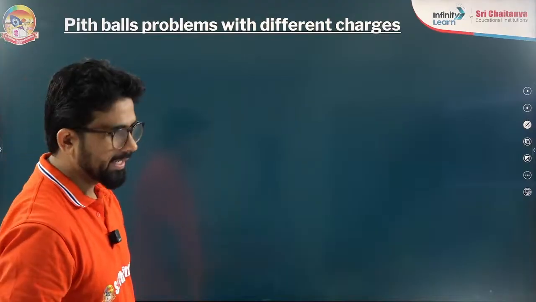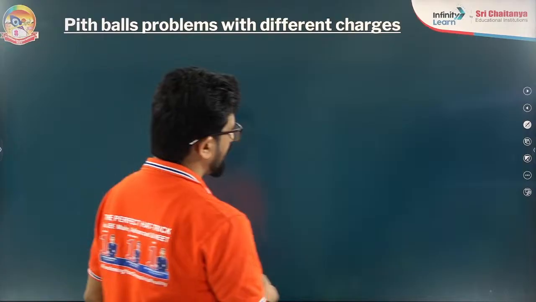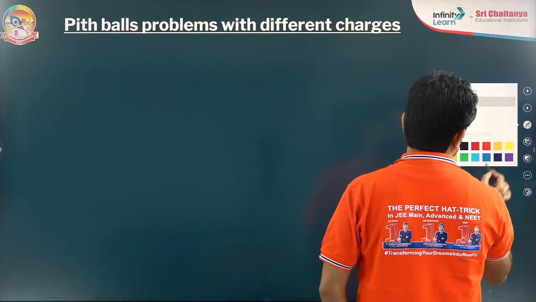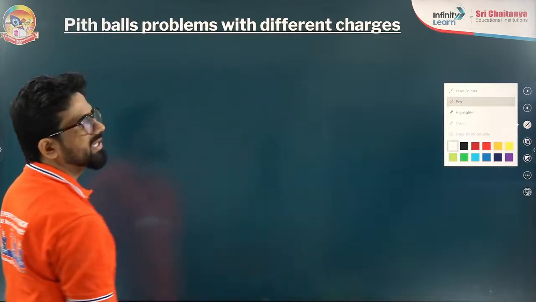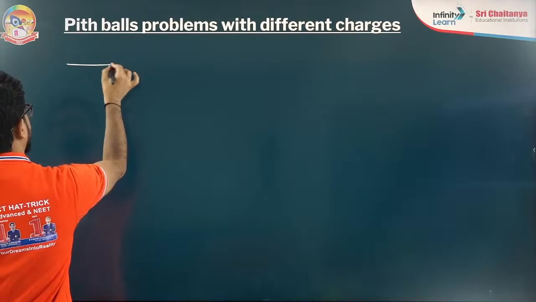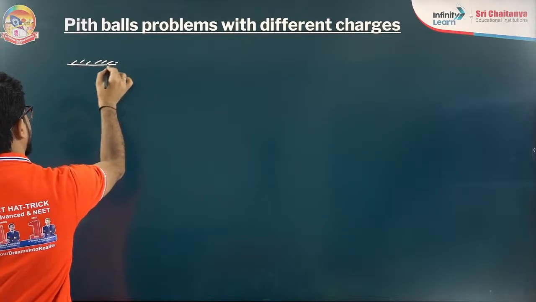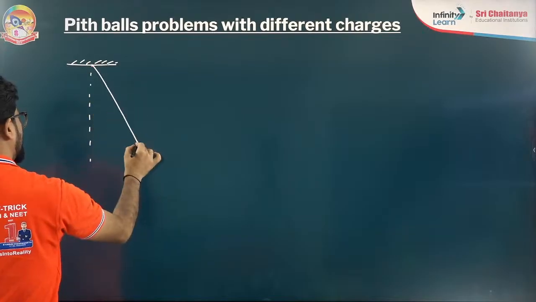Now we are going to see the next problem. That again is one very important concept that you have to learn. Try to understand. The pith balls problem with different charges. Suppose this is the setup. These are two pith balls, beta.